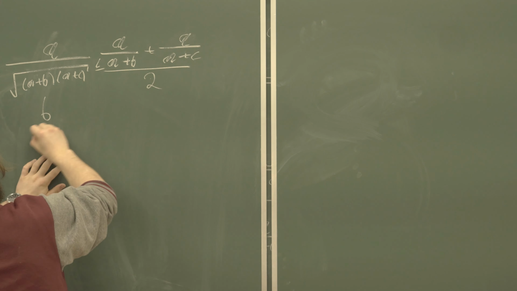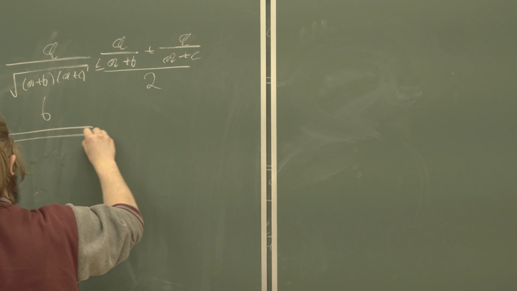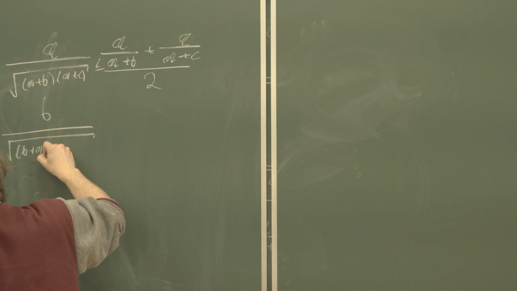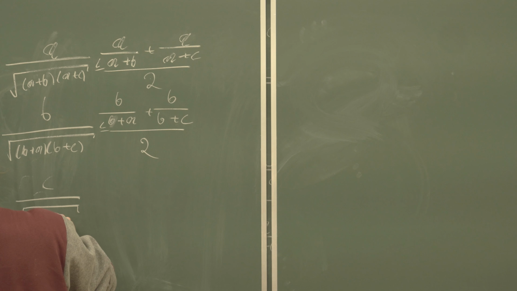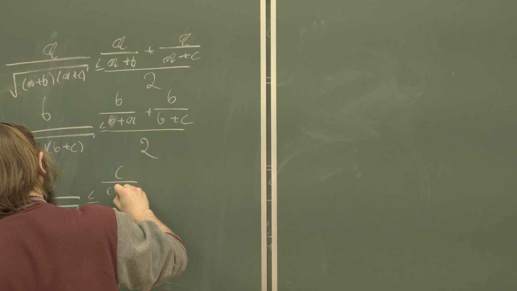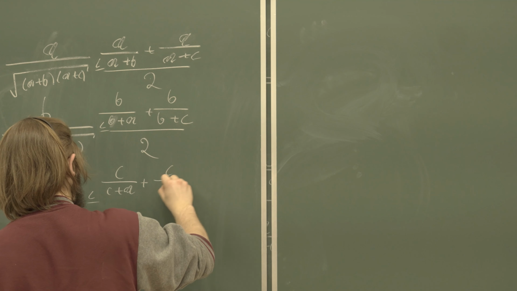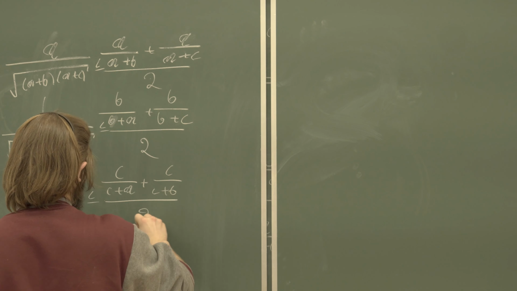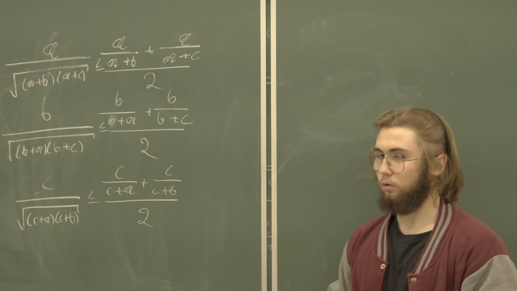We can now, by the same reasoning, say that b over the square root of (b plus a) multiplied by (b plus c) is less than or equal to b over (b plus a) plus b over (b plus c), all over 2. And by the same reasoning, c over the square root of (c plus a) and (c plus b) is less than or equal to c over (c plus a) plus c over (c plus b), all over 2.